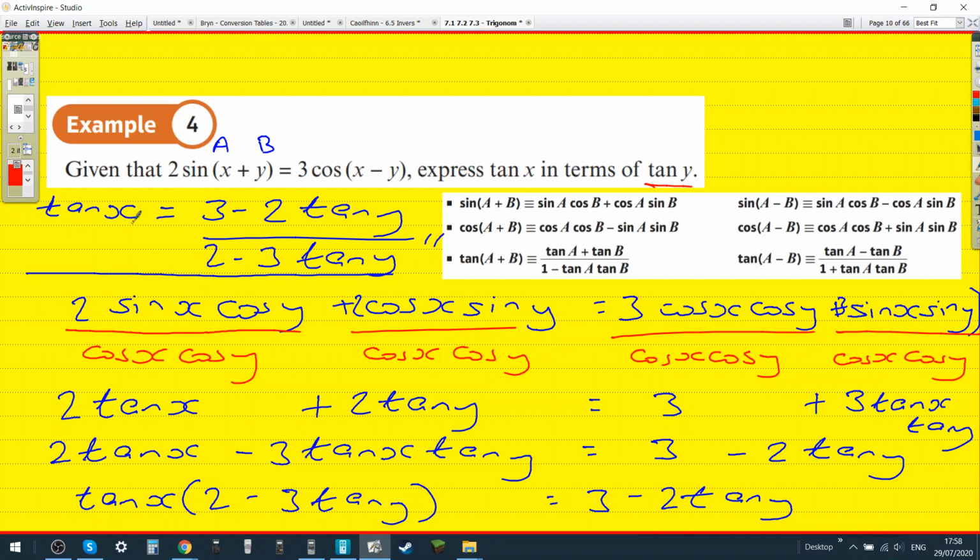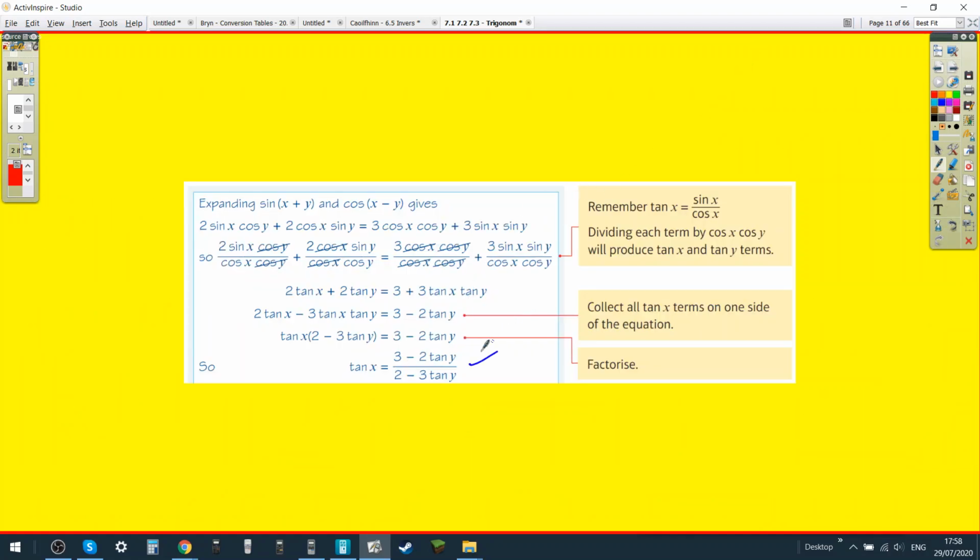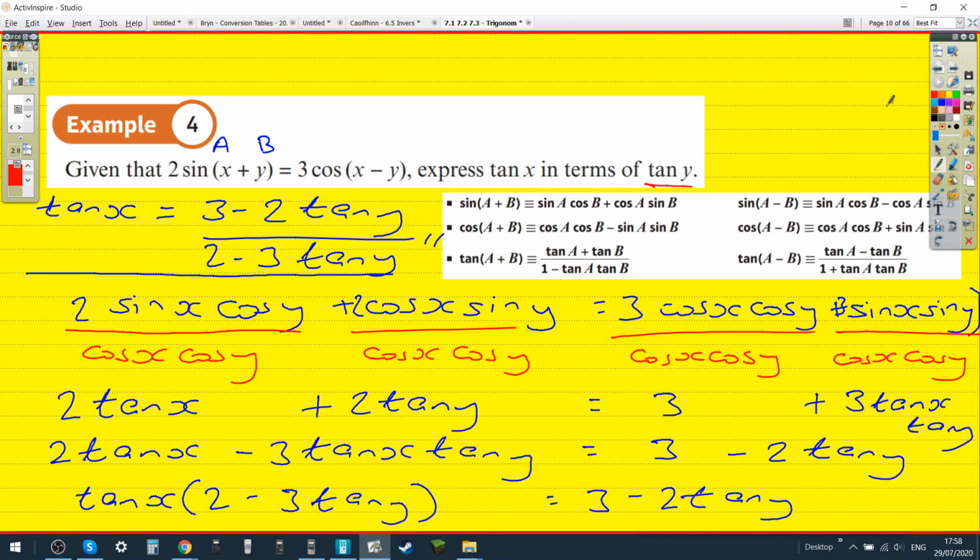They wanted tan x on one side and tan y on the other. We've nothing but tan x on one side, nothing but tan y on the other. No sine, no cos. 3 minus 2 tan y over 2 minus 3 tan y. We have an addition formula here: sine something plus something else, cos something minus something else.